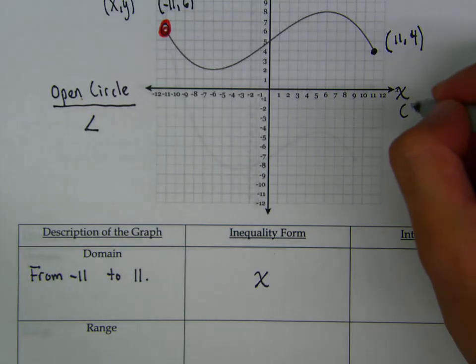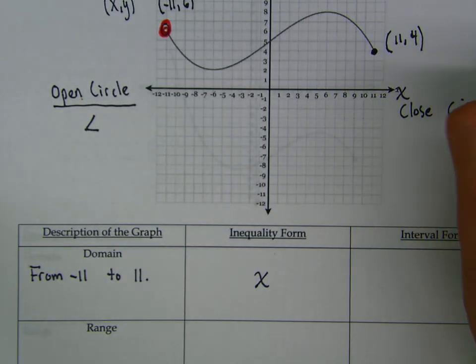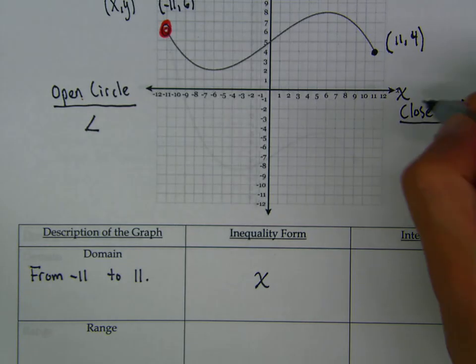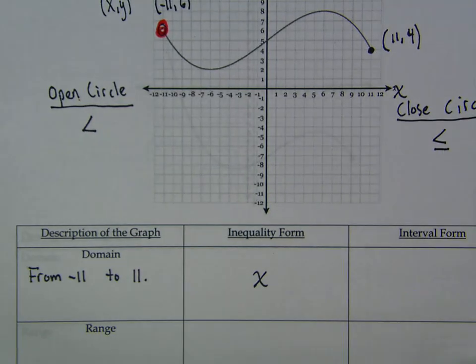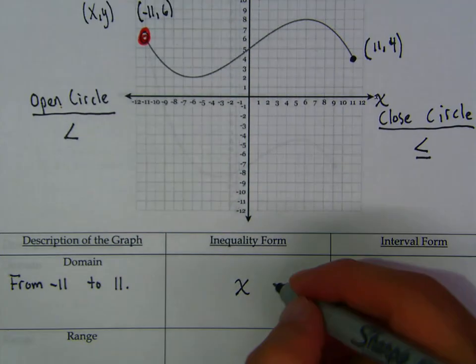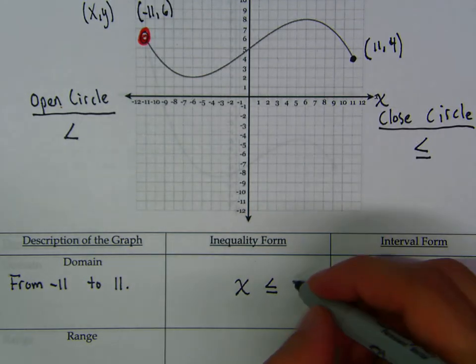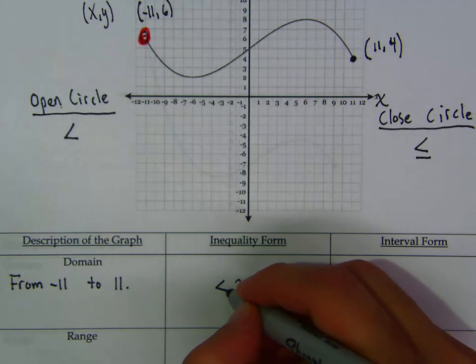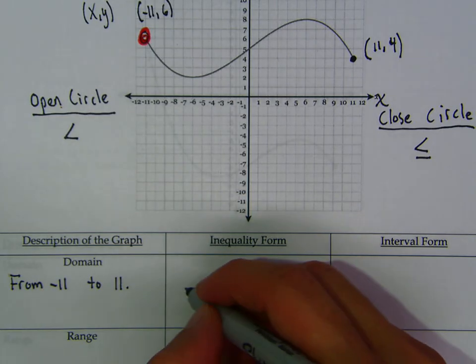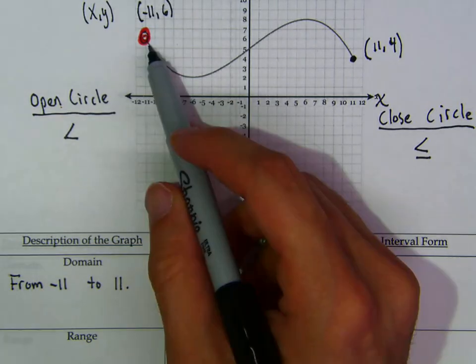If I have a closed circle, it implies less than or equal to. So watch what we do. All we have to do is put this symbol over here because it's closed, and then we put the number 11, and then we put this symbol over here because it is an open circle over here.